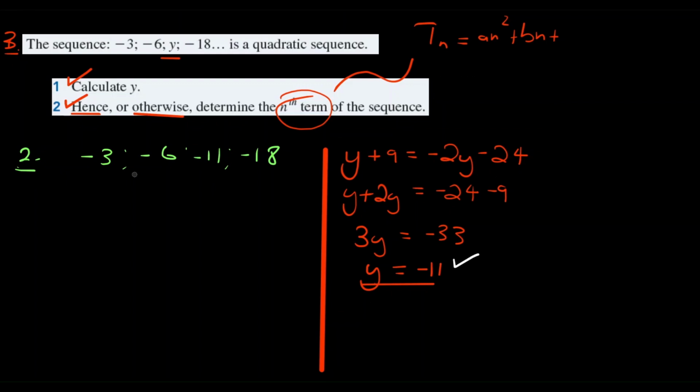So we go back and construct our tree line of differences. -6 minus 3 would be -3, -11 plus 6 or minus 6, which will give you -5, and -18 minus 11, which will give you -7. And then continue with the tree line of differences.